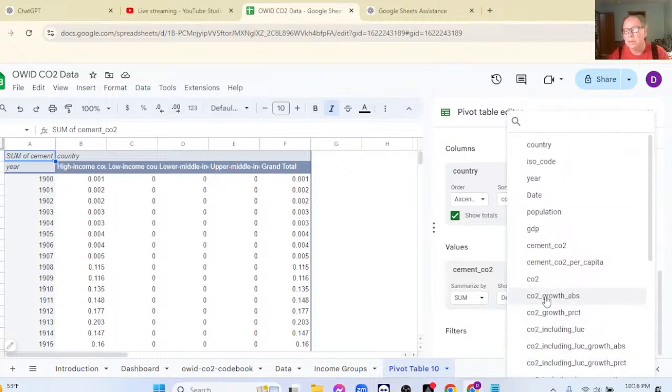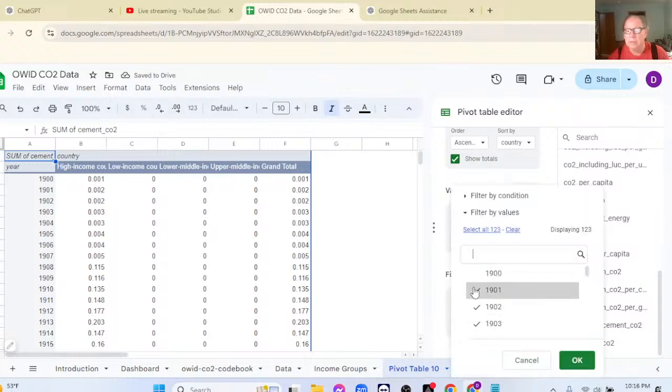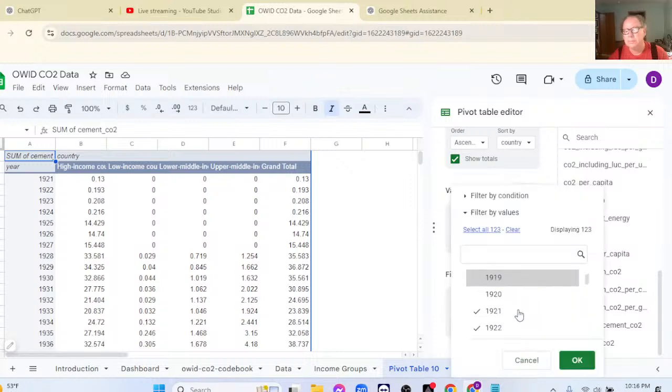And we're going to filter by year, and we're going to get rid of, let's see, 1, 2, 3, 4. Well, let's go down to 1928. Okay, that's when all the ones are reported.